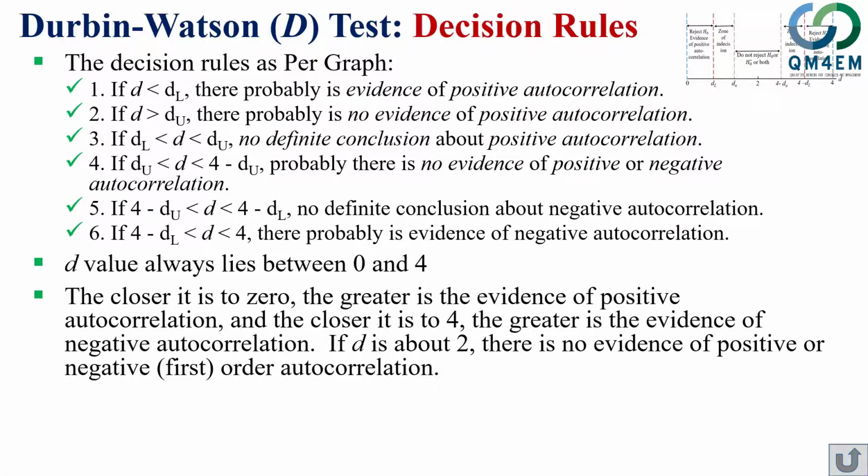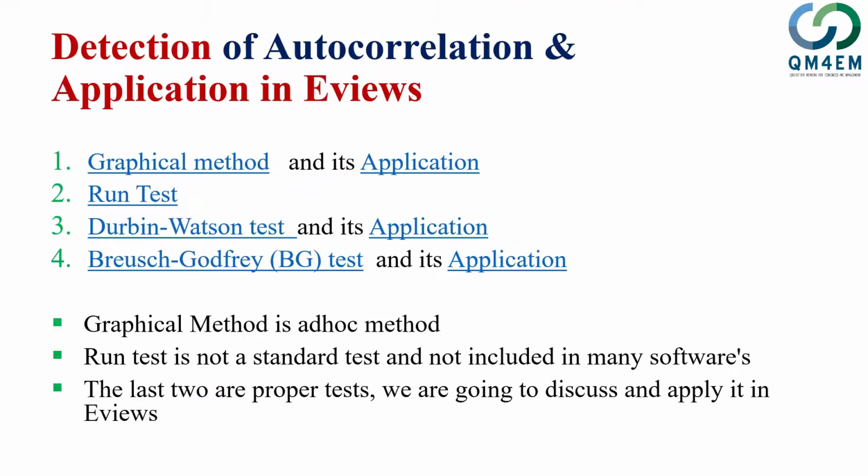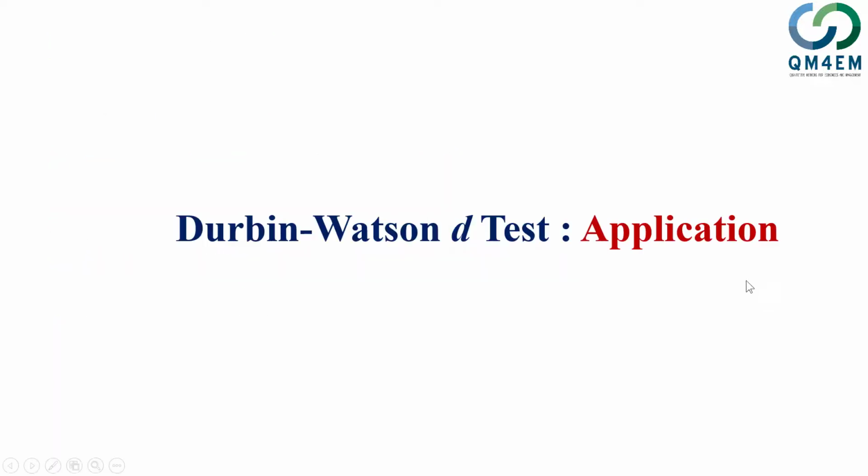Now going to the application of the Durbin-Watson d statistic to our data. Okay, so once we have the Durbin-Watson test theory discussed in detail, it's time to apply the test. The good thing about the Durbin-Watson test is that it's very easy to apply.